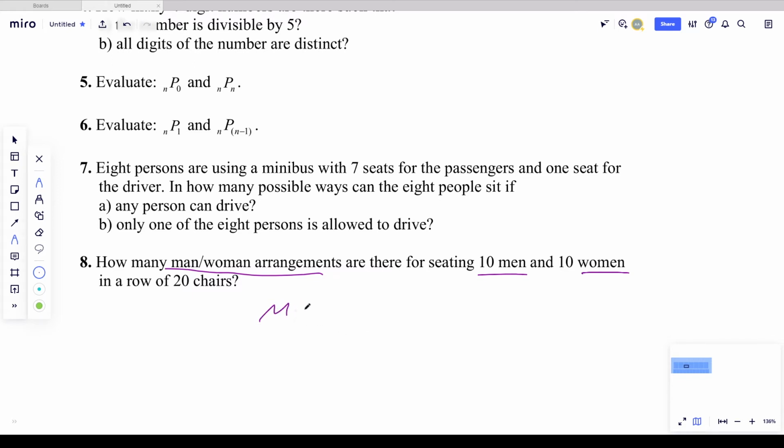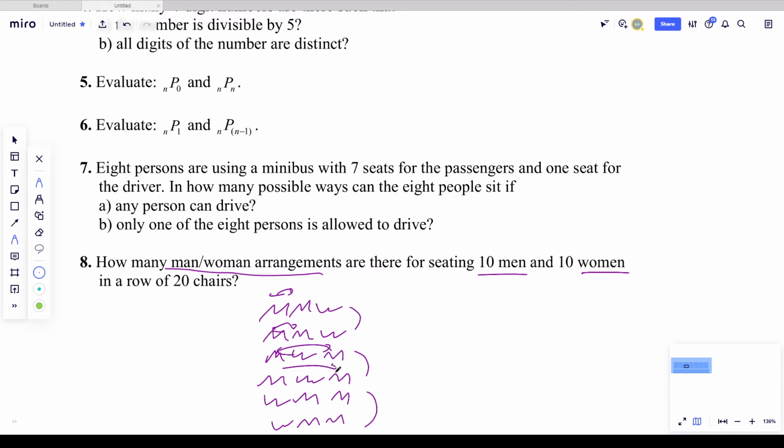So for example, if I told you an arrangement of two men and one woman, it'll be man, man, woman; man, woman, man; woman, man, man. But if you ask yourself, aren't those repetitions of each other? They are, but what I'm doing is flipping those two men.